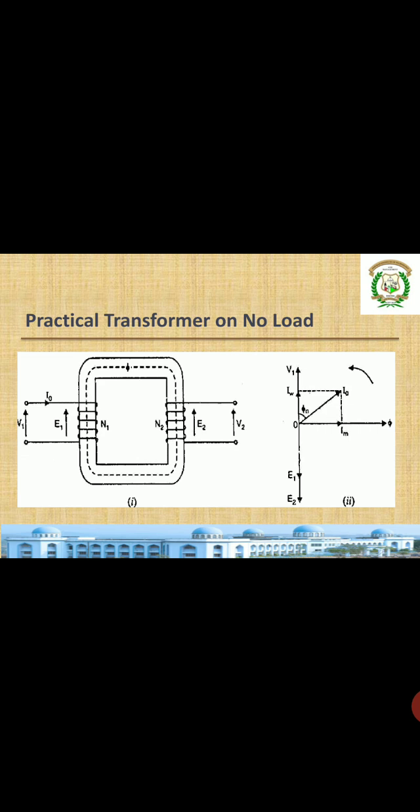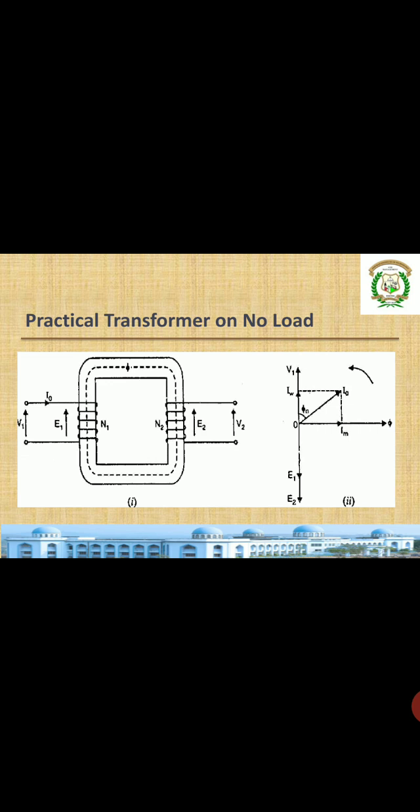That I0 is called the no load current, and it flows through the primary coil and produces a flux phi. Because of that flux, E1 is induced in the primary coil, and the same flux phi links with the secondary coil, which has N2 turns, and induces the EMF E2. V2 is the terminal voltage at the secondary side.